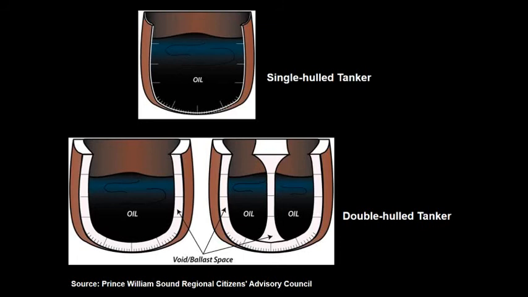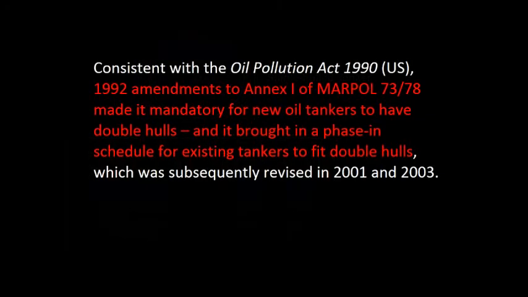So basically what MARPOL did was adopt a US initiative, because the US passed basically unanimously through both houses of their Congress the Oil Pollution Act, requiring oil ships to have two hulls.